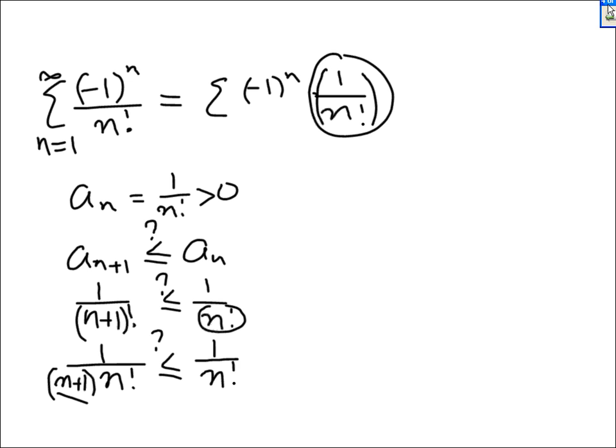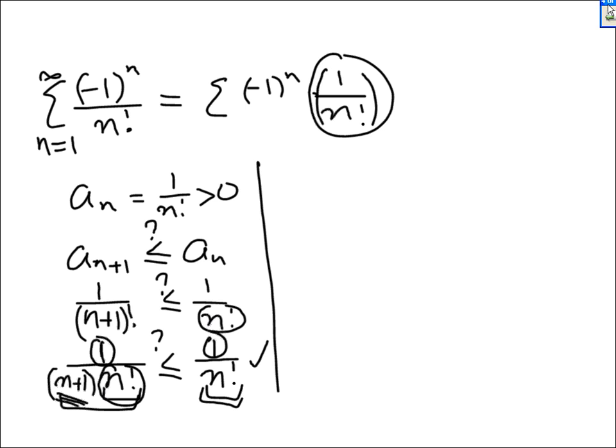Because the numerators are the same, the denominators are the same with respect to n factorial, which is a positive amount, and I'm multiplying it by n plus 1. It's more than 1. That's going to make this number bigger. I'm dividing 1 by more on the left than I am on the right. So you better believe that's true. A sub n plus 1 is less than a sub n.